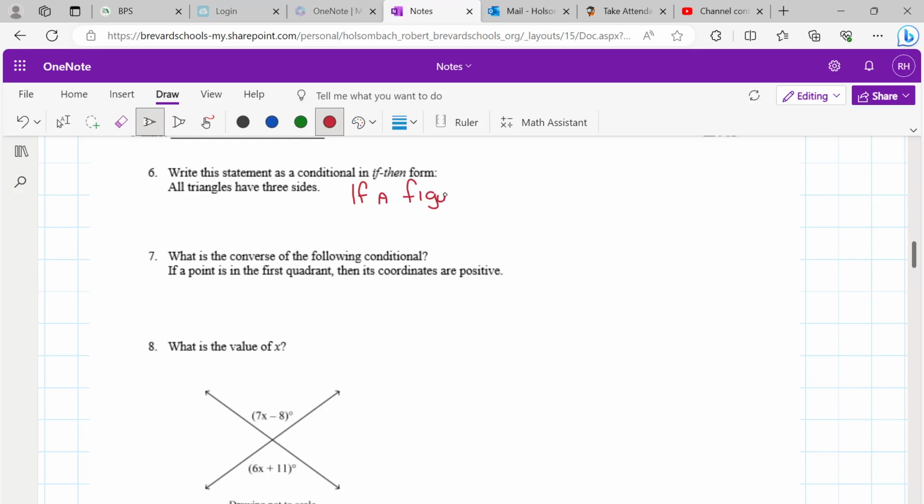If a figure is a triangle, then it has 3 sides. If a figure is a triangle, then it has 3 sides.